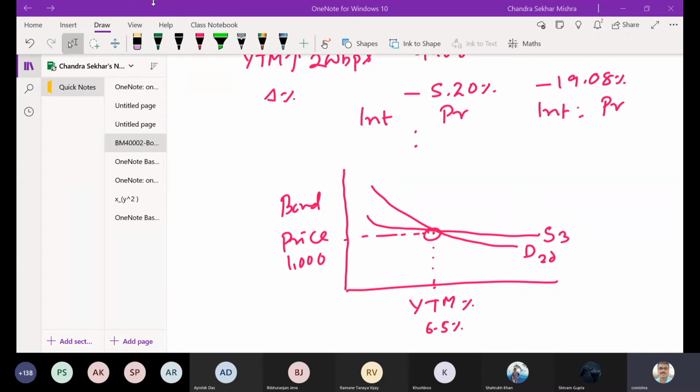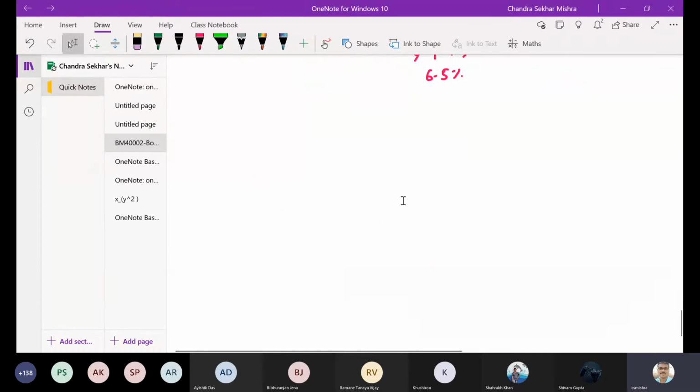Let me see if I should take one more example from the bond value price risk, bond risk. There is a risk in the investment in a bond, and so you have a return expected, correct? Now the return is a function of what?